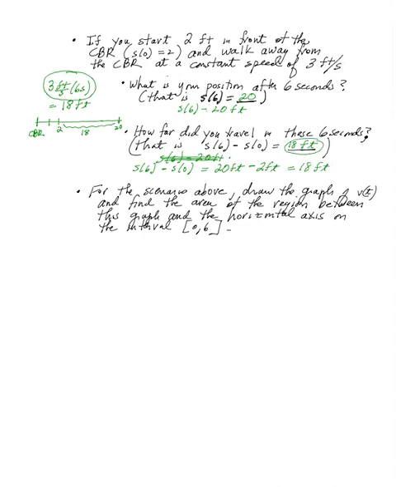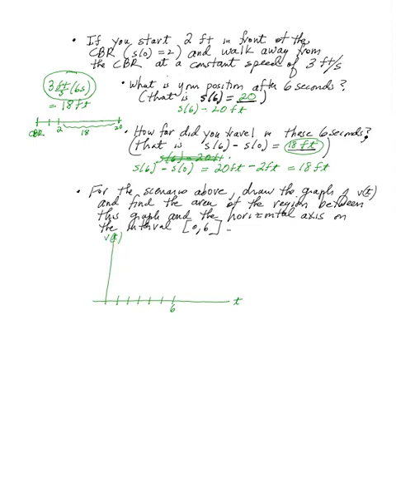Okay? Second bullet point. For this scenario, the one we just talked about, draw the graph of the velocity function and find the area of the region between this graph and the horizontal axis on the interval of time between 0 and 6. So, is the velocity a positive 3 or a negative 3?